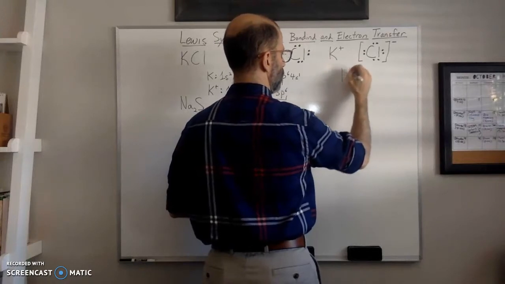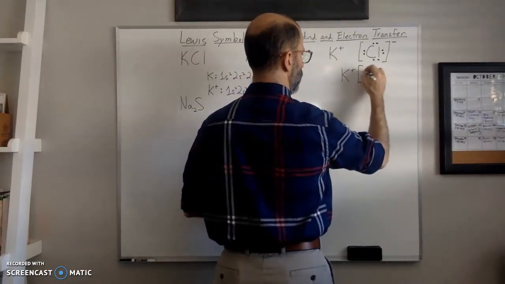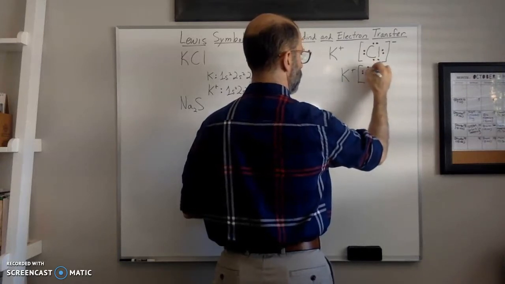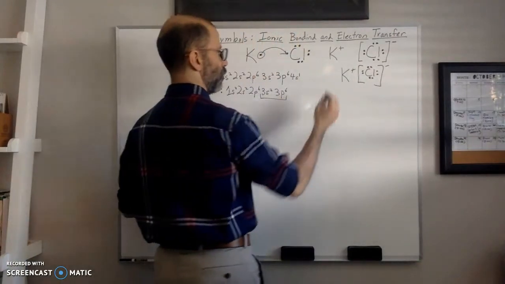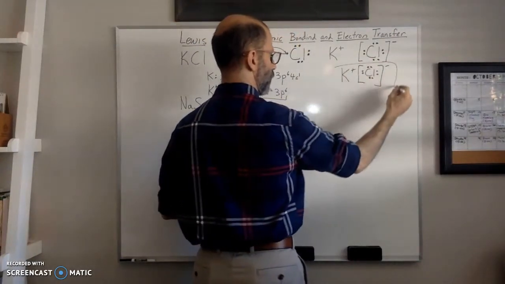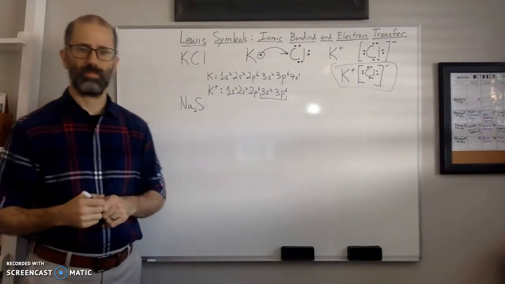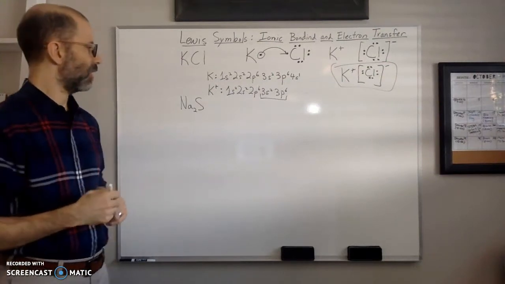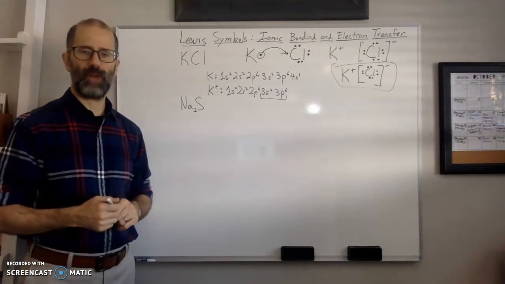So we just need potassium, and then we have the chlorine with the square brackets. So this would be the Lewis dot structure of your potassium chloride.